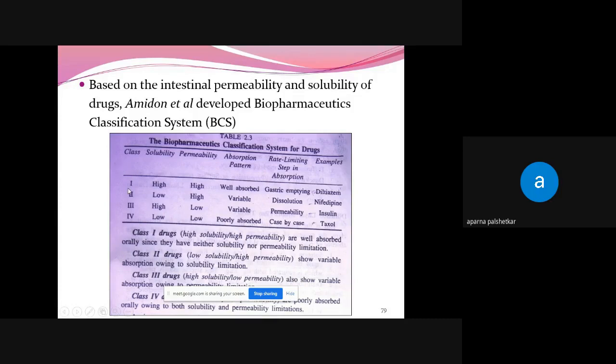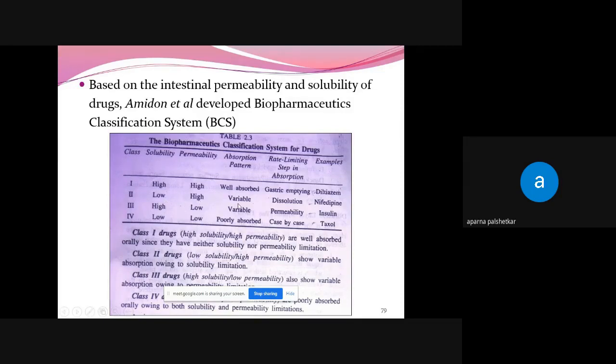Class 1 will contain drugs which have a very good solubility and very good permeability. So they are well absorbed, they are well permeated through the membrane, and an example is diltiazem. Then class 2 drugs have a lower solubility and high permeability.